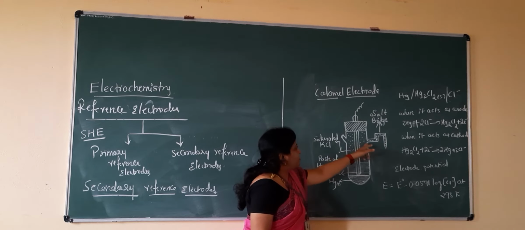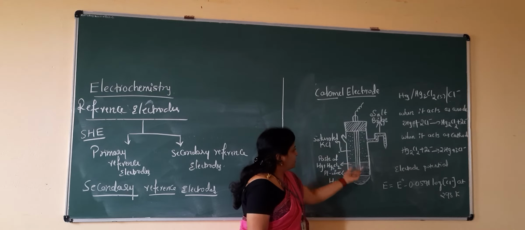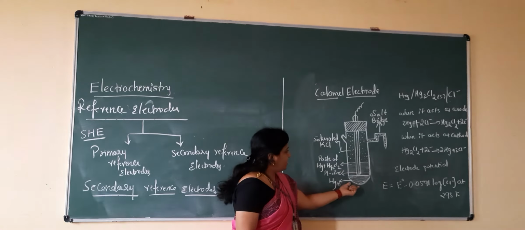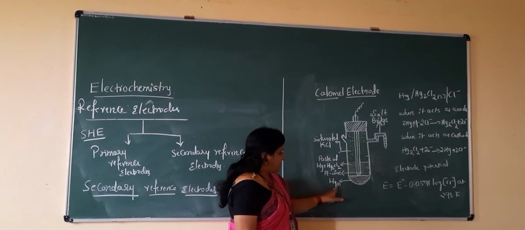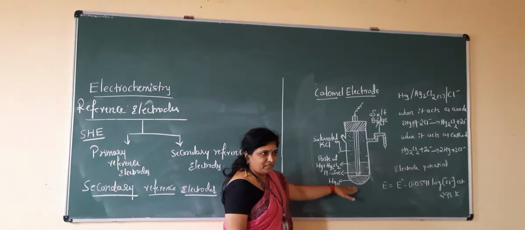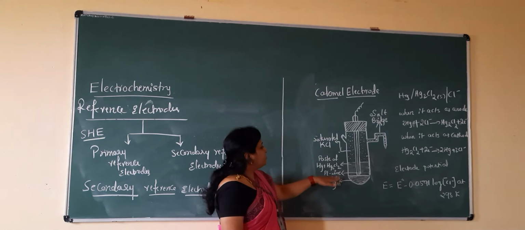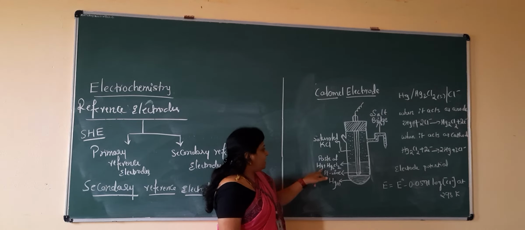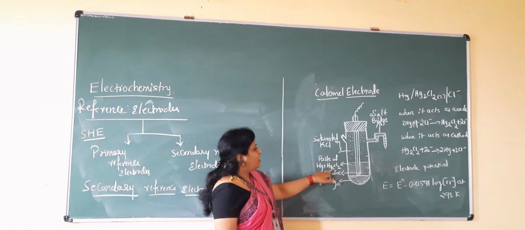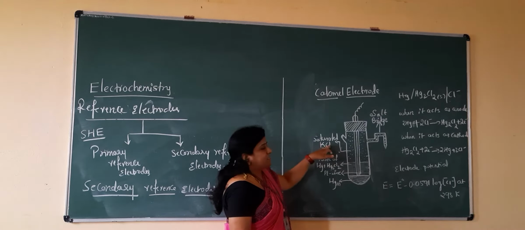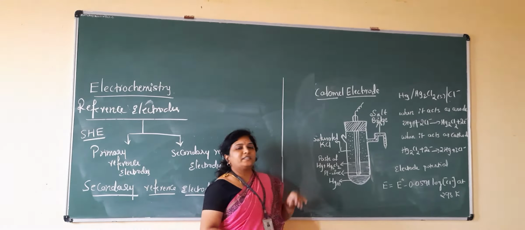There are two side tubes in the calomel electrode. It's a long tube-like structure, and down there is mercury. Mercury is placed at the bottom of the tube, and above that is a layer of mercury and mercurous chloride. Above that is saturated KCl solution.